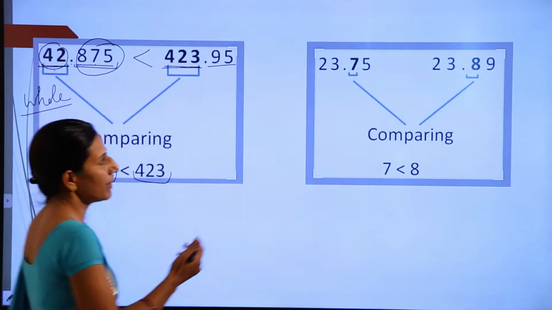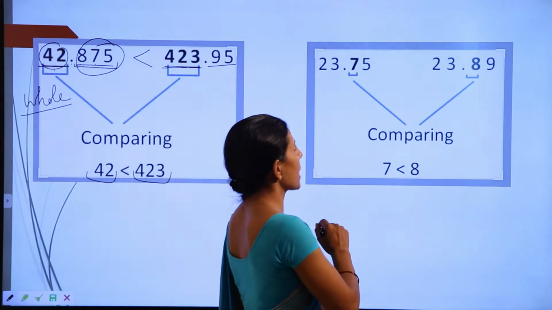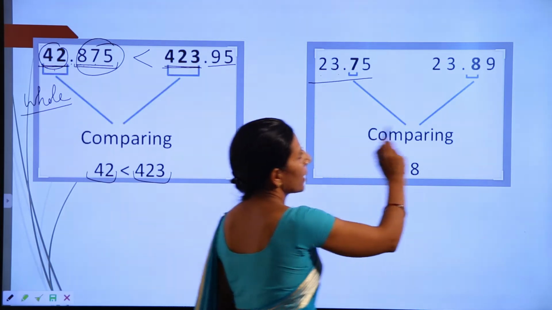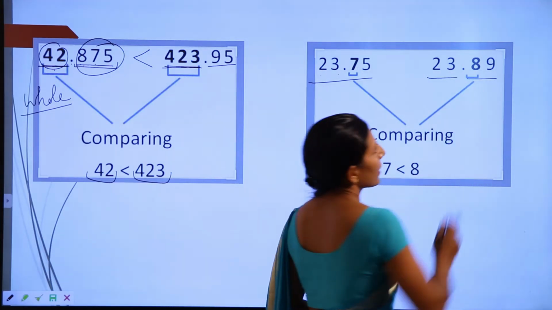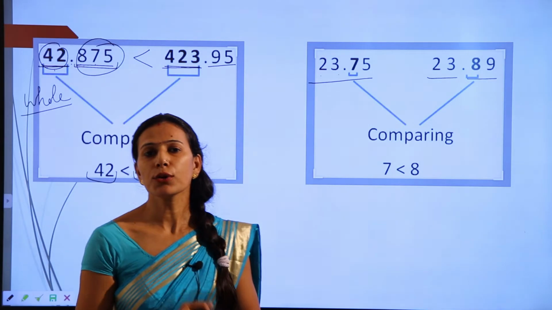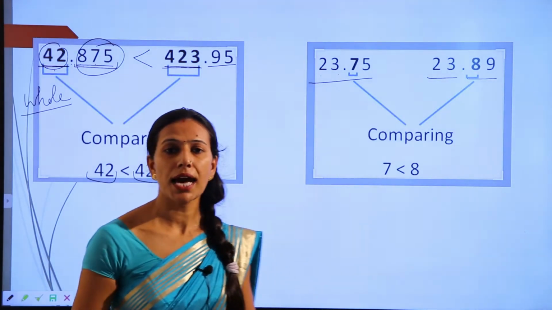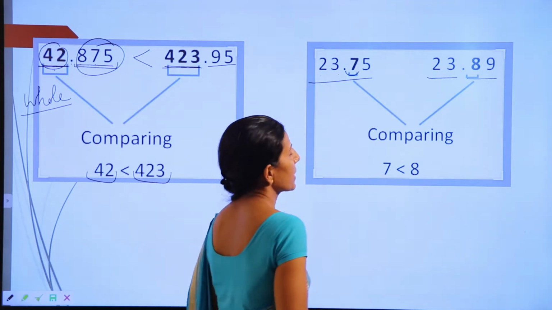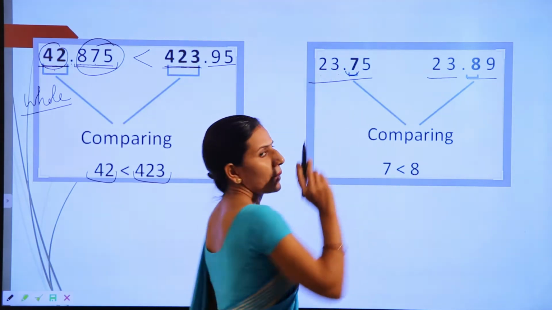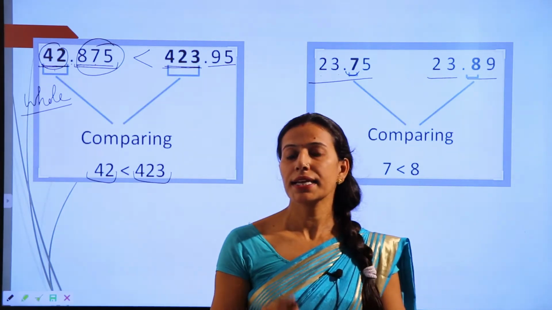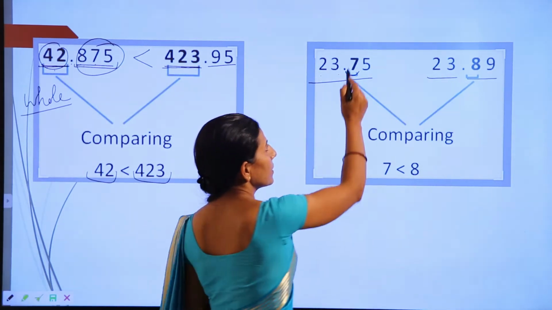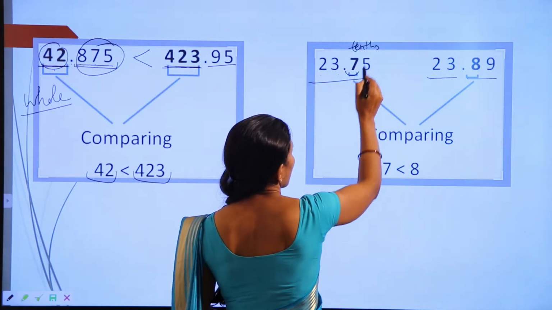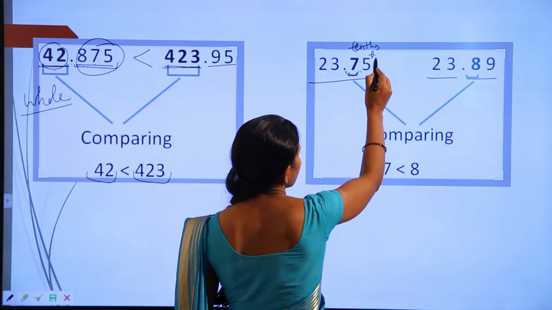Now we will discuss the next example. See this example. Here we have two numbers, 23.75 and 23.89. Here you can see both the whole numbers are equal. So we will check by the next digit, means the tens place. The place after decimal is tens, and after that the next is hundreds.